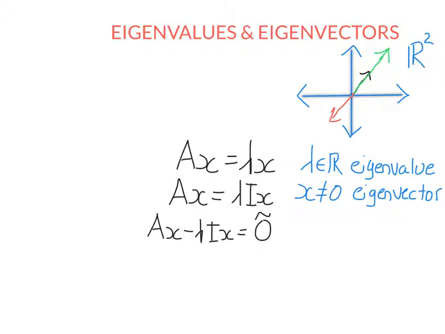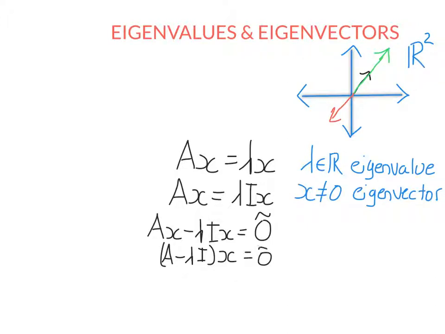On the left-hand side I can factor out x. So x has to go at the end of the brackets. Remember that matrix multiplication is not commutative. I can't put it at the start of the brackets because if I expanded, I would get x times A, which can't be done.